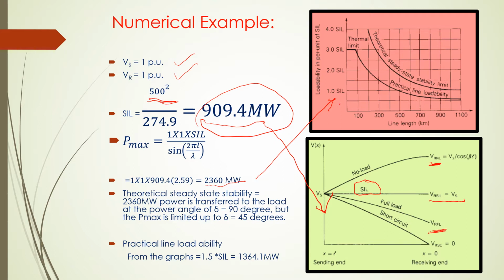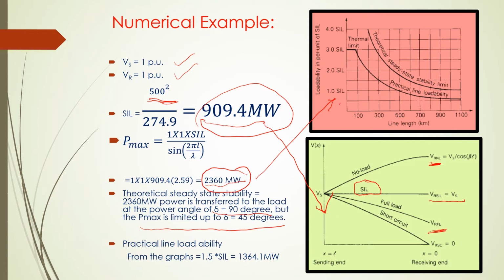Here we can see the variation of voltage in this graph. Now we come to the next one, the Pmax: how much maximum power we can transmit over the transmission line to the load. If we consider the angle theta equal to 90 degrees, this is the maximum power that we can generate and transmit. But Pmax is limited up to 45 degrees.